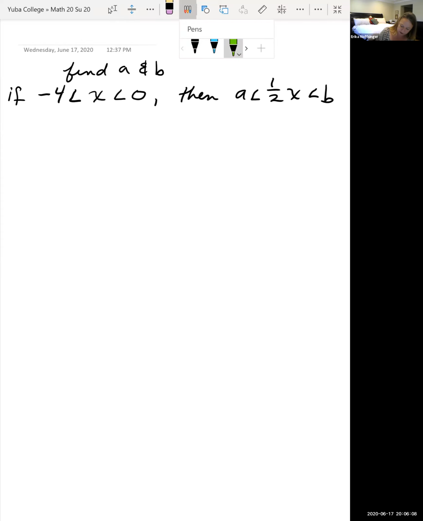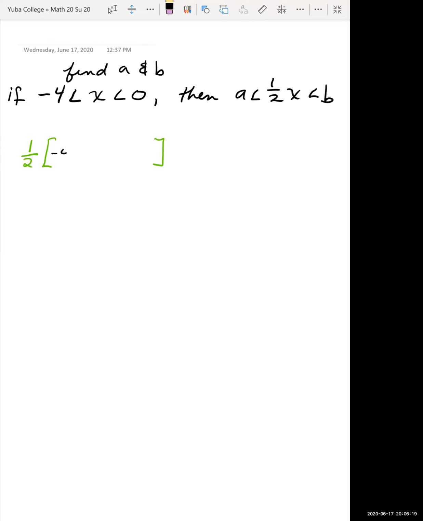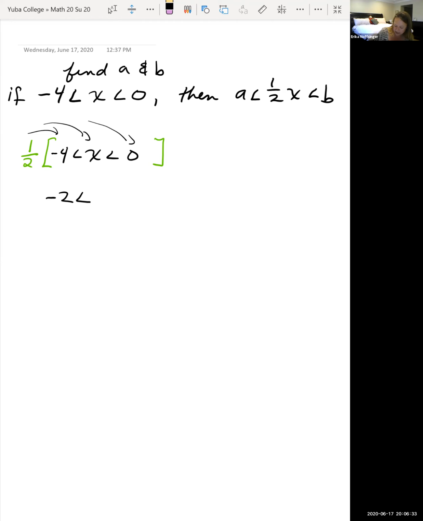So if we go through and multiply this by a half, think of it as distributing, or basically I'm multiplying this to each side of the inequality. So 1/2 times -4, well, that's just -2, is less than 1/2 times x, which is 1/2 x, which is less than 0 times 1/2, which is 0.